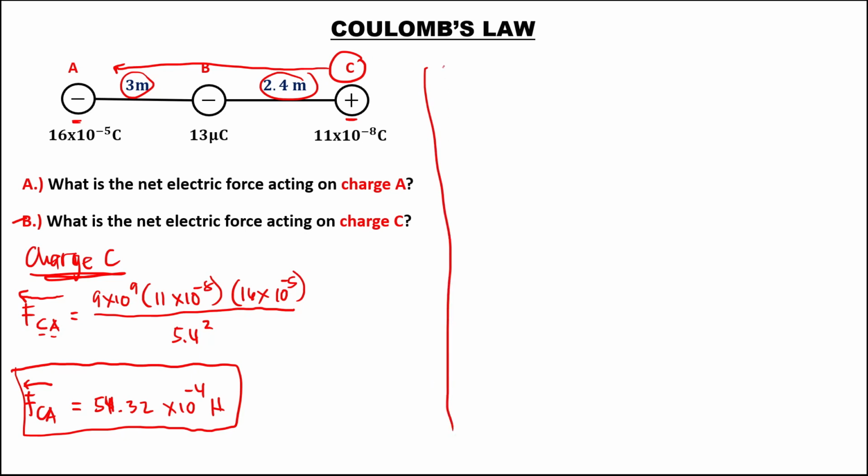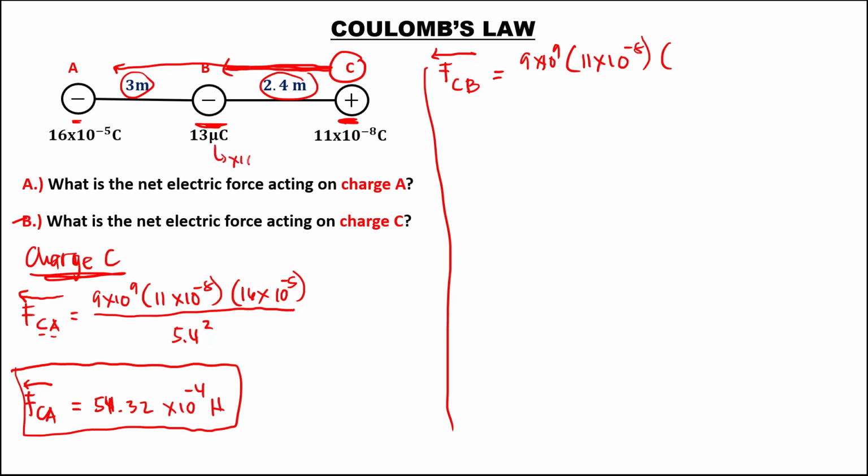Then also we need to find the force between C and B. So observe that B and C also opposite charge, so therefore C attracts to B. So we have now the direction of this force is to the left. So to find now the force, we have the Coulomb's constant. So that's 9 times 10 to the power 9, then times C, 11 times 10 to the power negative 8, then times.